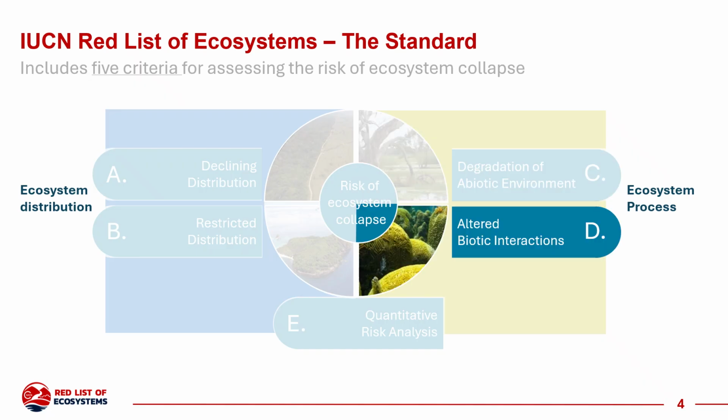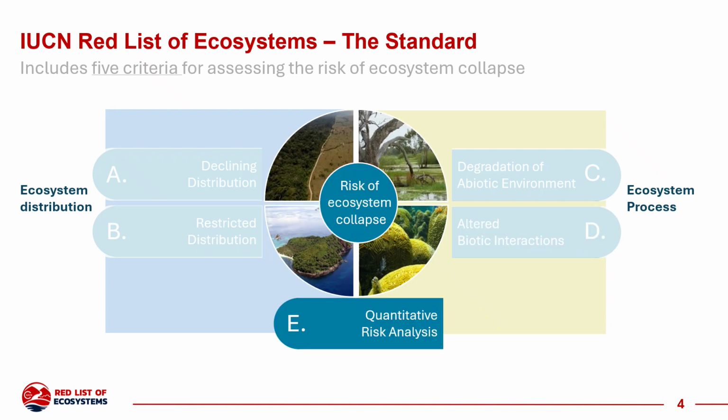This includes loss of characteristic species, shifts in community structure, or the breakdown of ecological interactions that define the ecosystem. Finally, Criterion E applies quantitative risk analysis. This involves modelling the probability of ecosystem collapse over time, using scenarios and simulations to forecast risk based on current trends and uncertainties. Together, these 5 criteria provide a robust and flexible tool for assessing ecosystems across all types and regions.